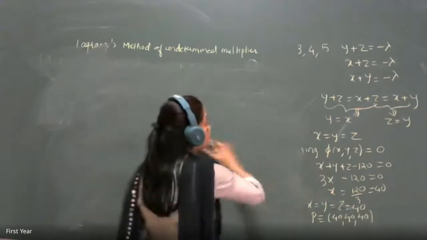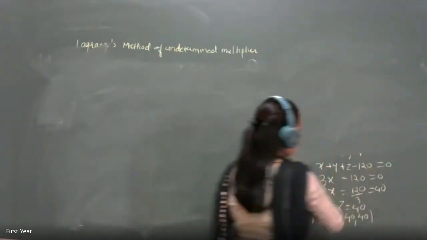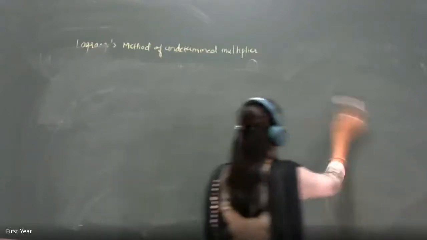Using Lagrange's method, find the minimum distance from the origin to the plane 3x plus 2y plus z is equal to 12.